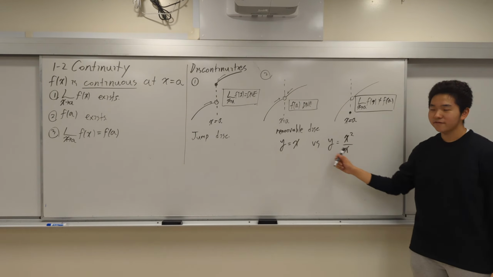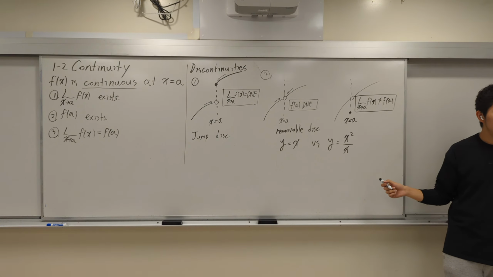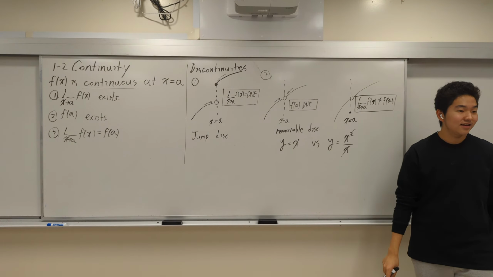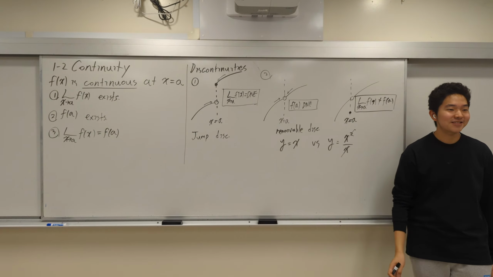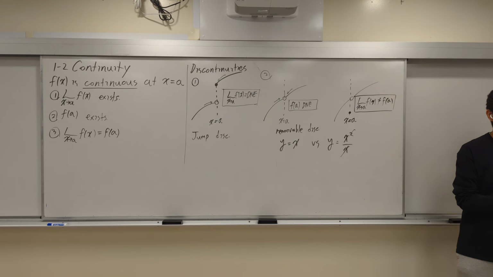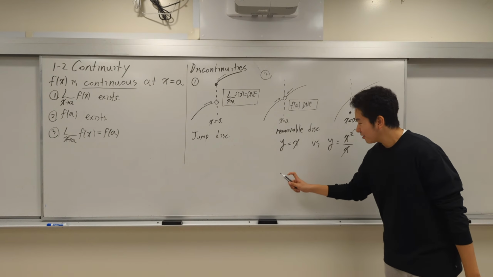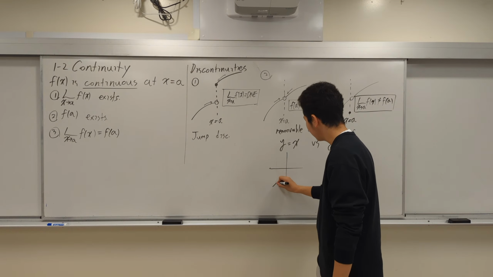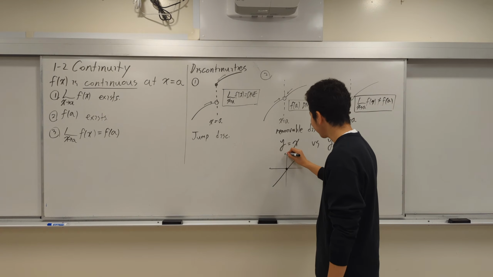How do you think these two are different? Are they different at all? No, why? Because we can cross this out, right? But what did I tell you about crossing stuff out? You have to make sure that it does not equal 0 before you cross it out. So look at this. y equals x is going to be this line, defined nicely at every single point.